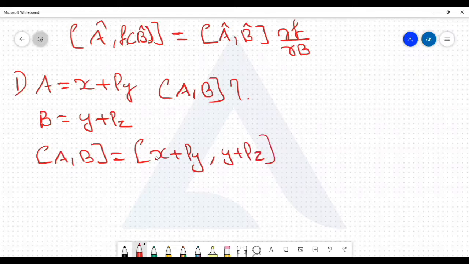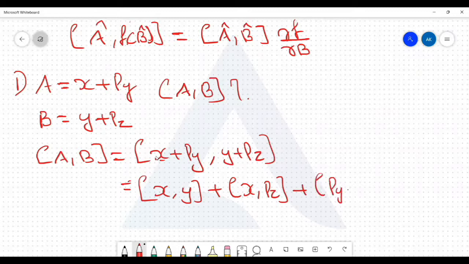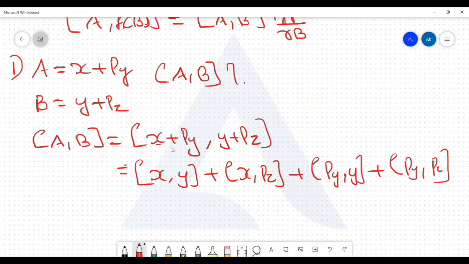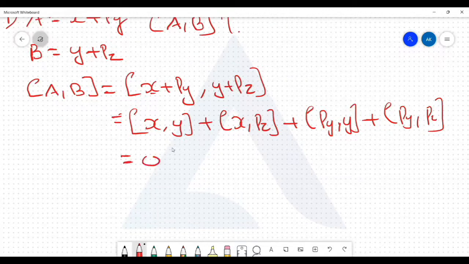Now we apply the linearity property of the commutator. So first you have x with the y, plus x with the pz, plus py with the y, plus py with the pz. These are simply position operators, so they will commute. x with pz is also 0. y with py is minus i h cross. py with pz is 0. So our answer will be minus i h cross.